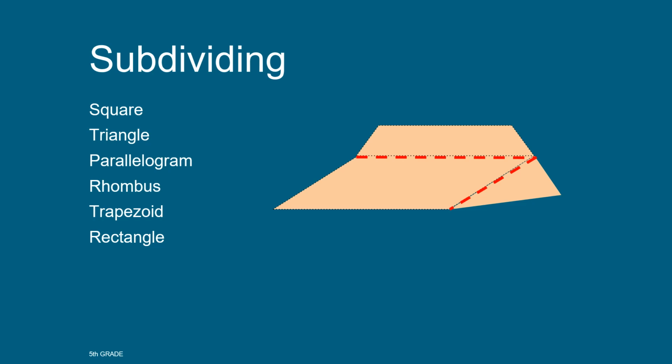Okay, the 3 shapes are a parallelogram, a triangle, and a trapezoid.